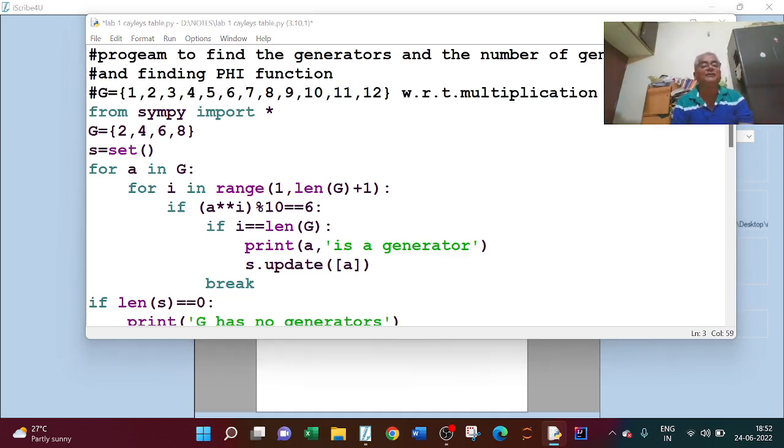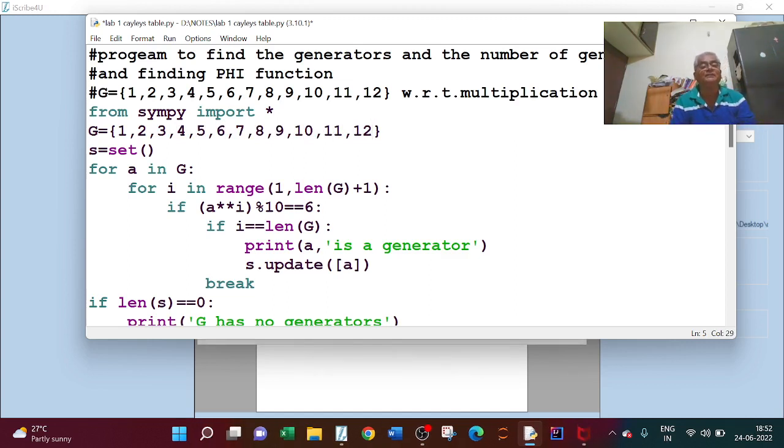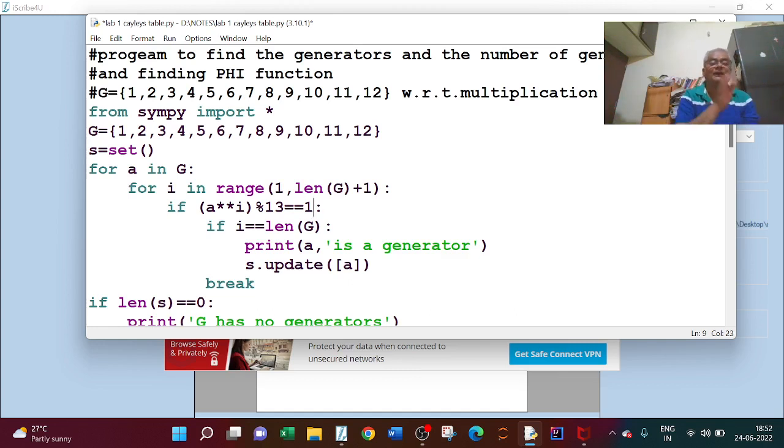So here I have to change the elements: 1 through 12, and the operation is a power of I percent 13. In this group the identity element is 1, so I have to make this as 1. Now running this program, 1, 2, 3, 4, 5, 6, 7, 8, 9, 10, 11, 12. Okay. Operation a double star.